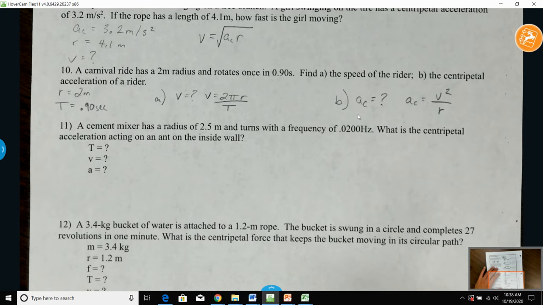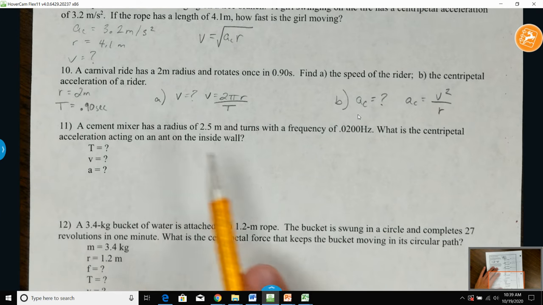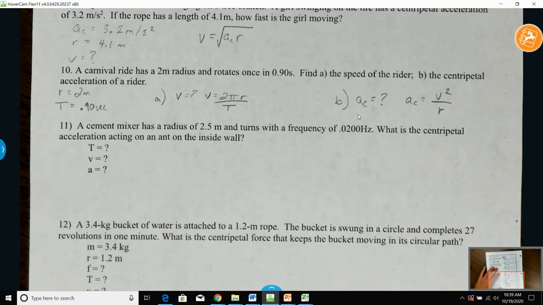In number 11, a cement mixer has a radius of 2.5 and a frequency of 0.200 hertz. What is the centripetal acceleration acting on an ant on the inside wall? I listed what I want you to solve for first, individually.